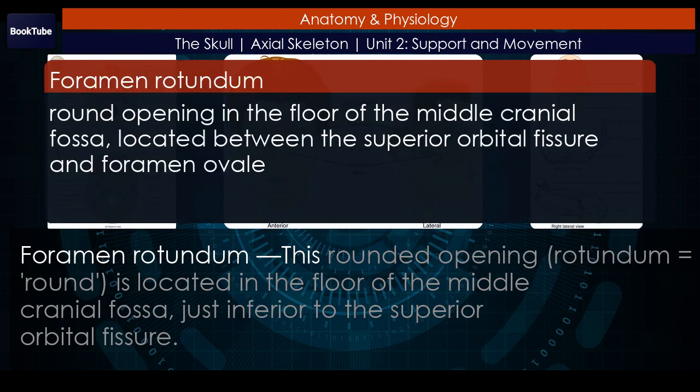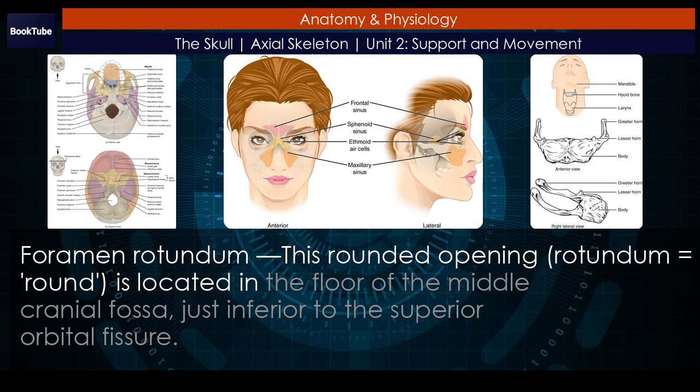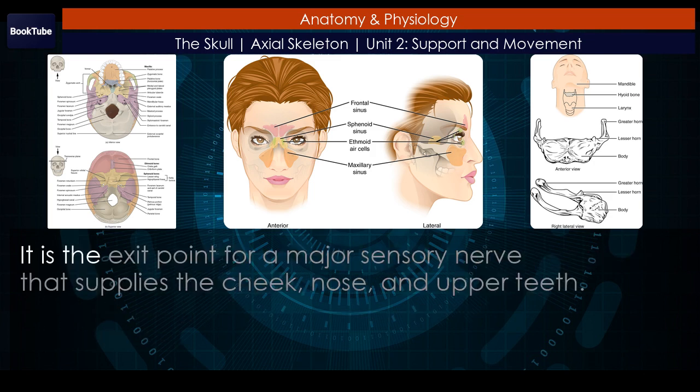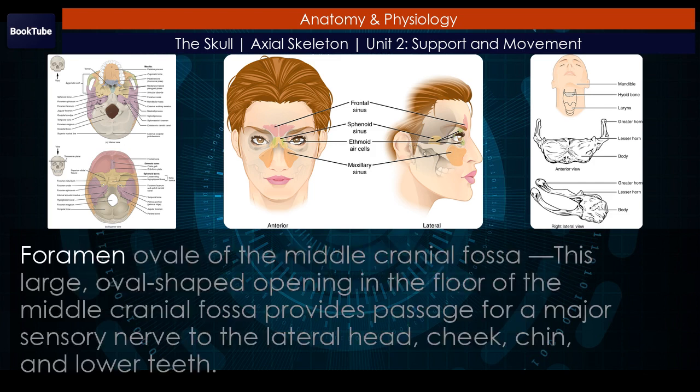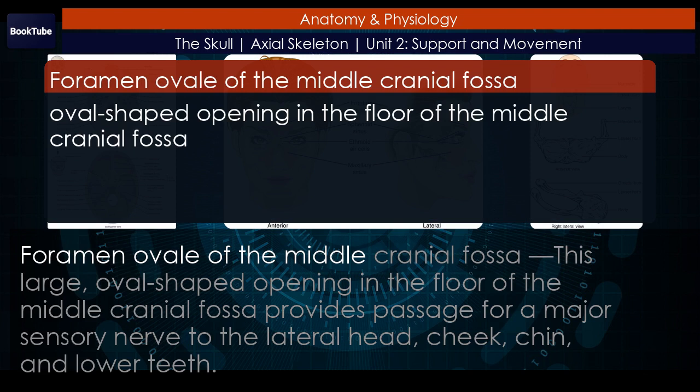Foramen rotundum. This rounded opening, rotundum equals round, is located in the floor of the middle cranial fossa, just inferior to the superior orbital fissure. It is the exit point for a major sensory nerve that supplies the cheek, nose, and upper teeth. Foramen ovale of the middle cranial fossa.